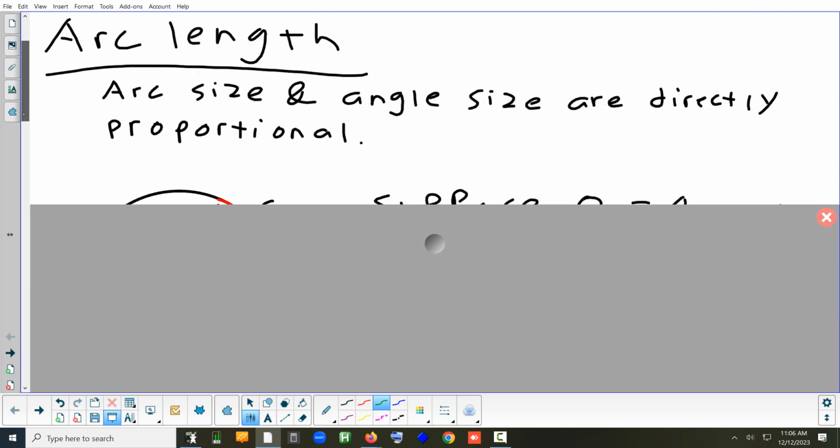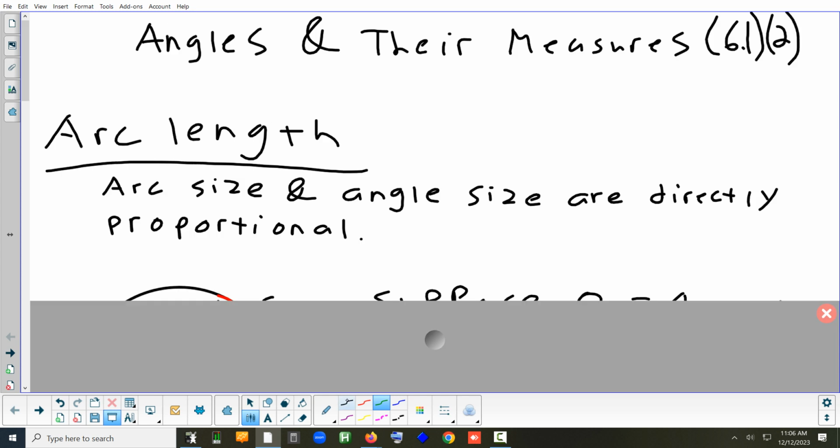So because arc size and angle size are directly proportional, we can do a proportion to find a formula for the length of any arc. Now, the way we're going to figure out the formula is we have to start with something we know is true.